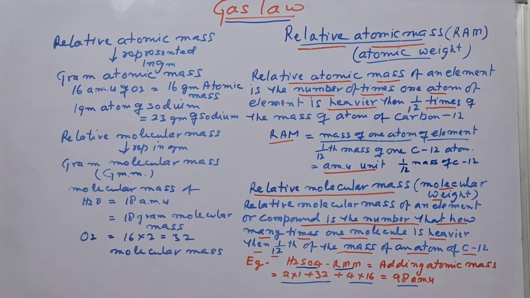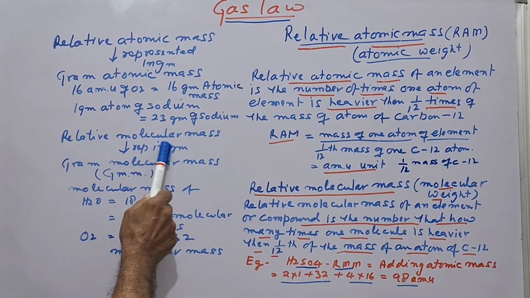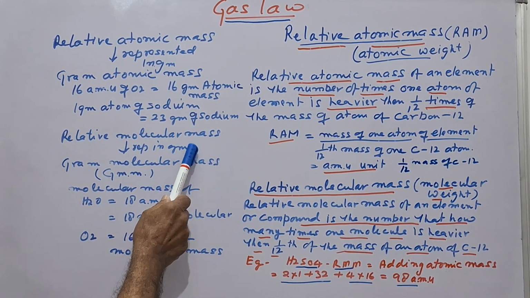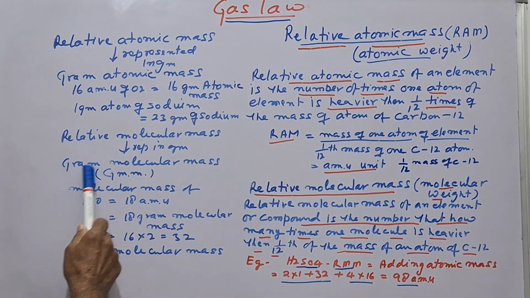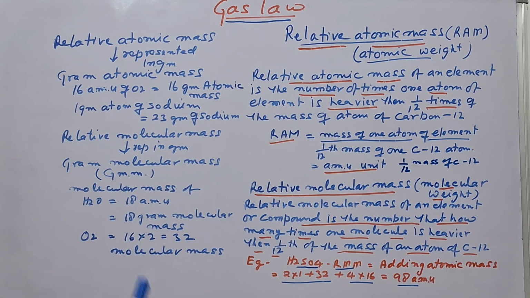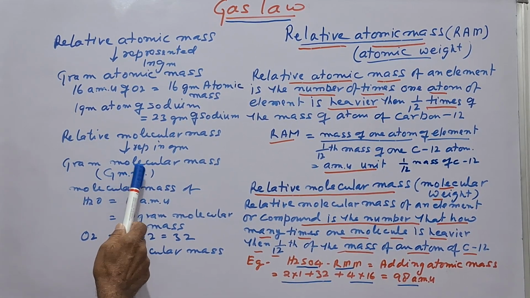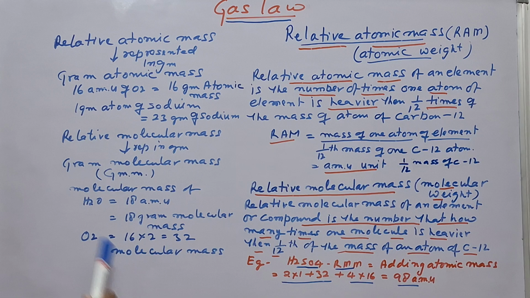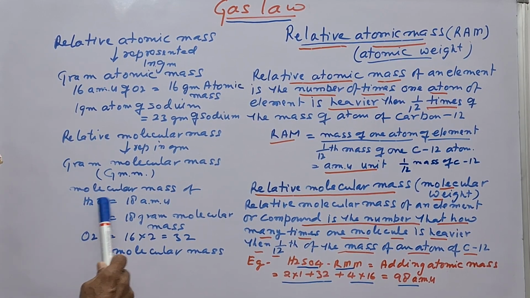In the same way, when relative molecular mass is represented in grams, that is known as the gram molecular mass, that is the GMM. Suppose we take the example of water, H2O. Here hydrogen 2 atoms, oxygen 1 atom, so 2 plus 16, 18.